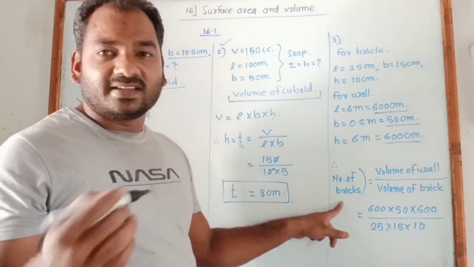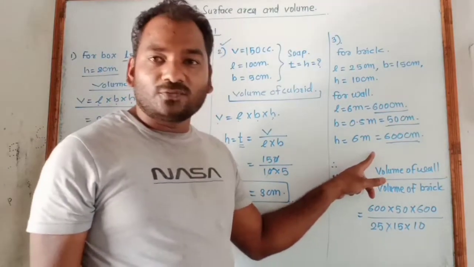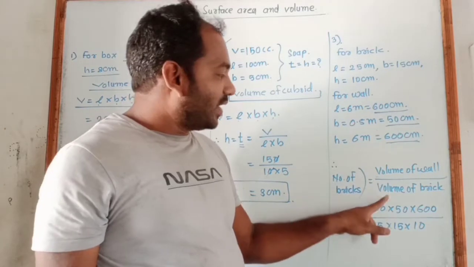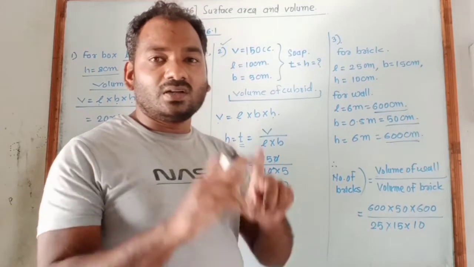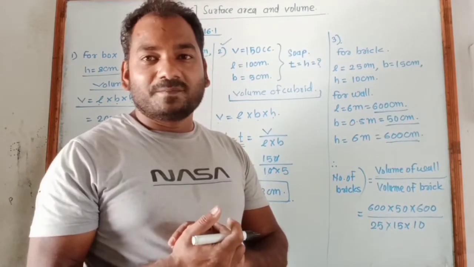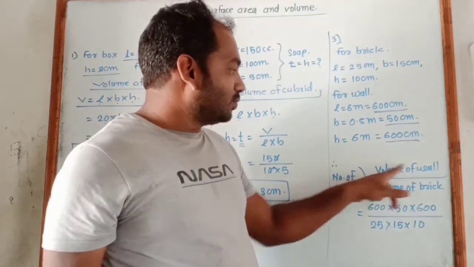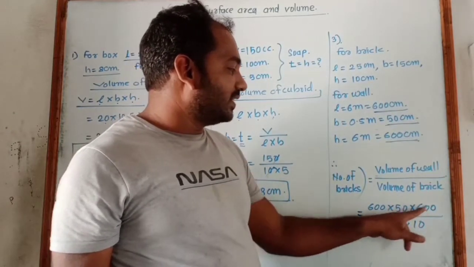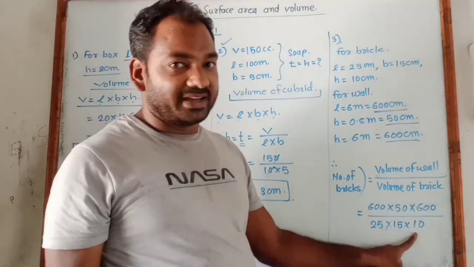The number of bricks is equal to volume of wall divided by volume of one brick. So we divide the total volume of the wall by the volume of one brick. Volume of wall is length into breadth into height, and volume of one brick is again length into breadth into height.